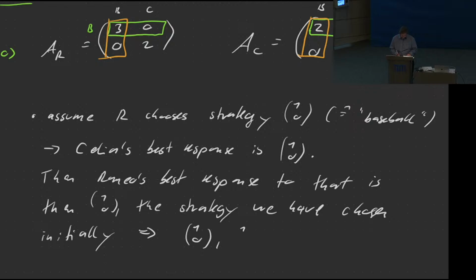And that means this pair of strategies here is a Nash equilibrium. Each of the strategies is the best response to the other. Or in other words, given that we are at this point, none of the players has an incentive to change.